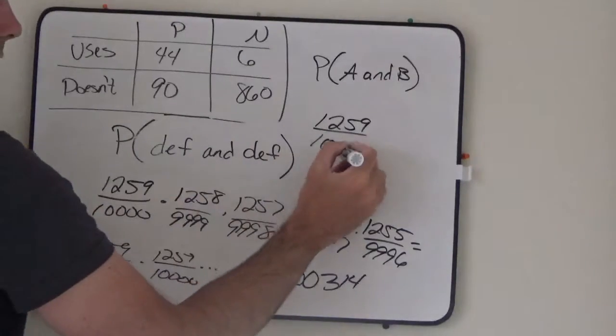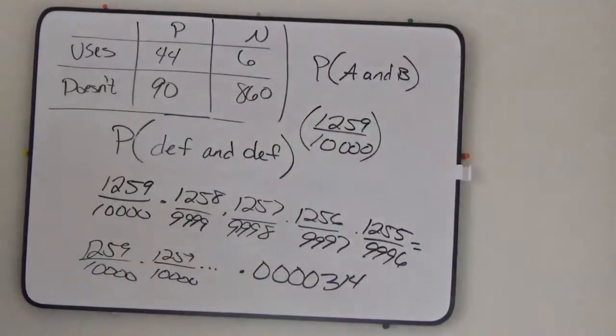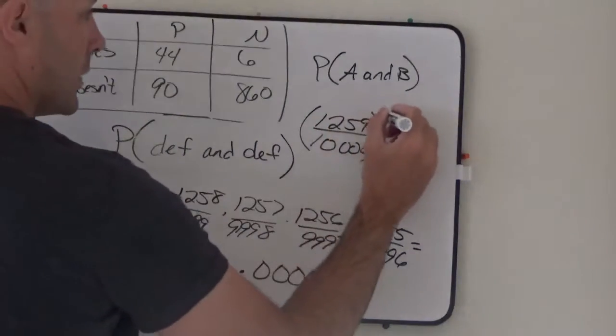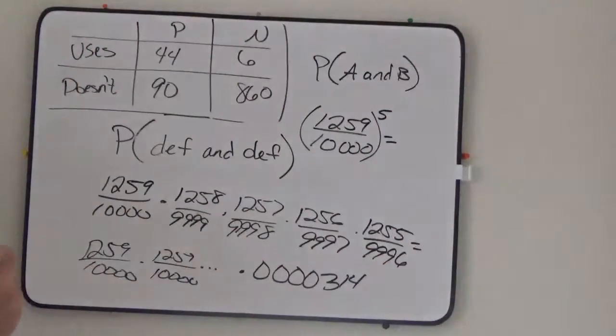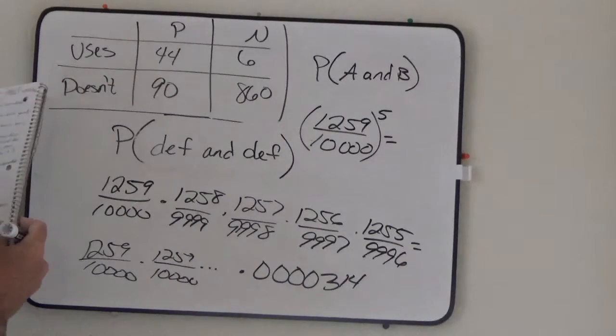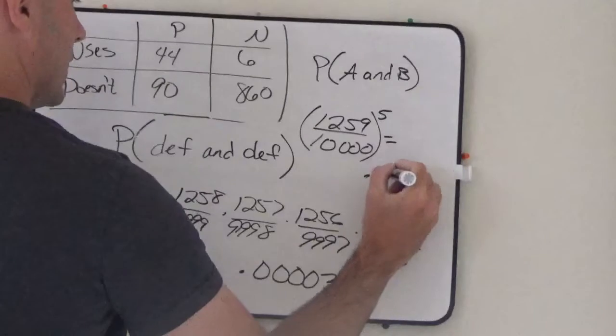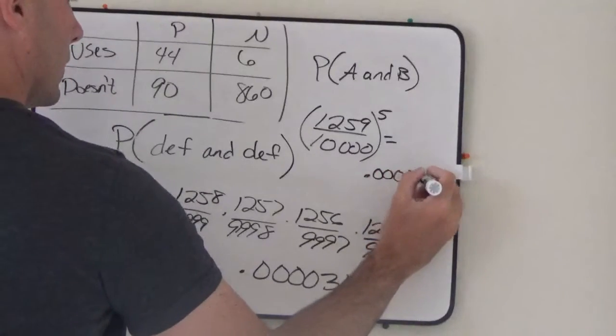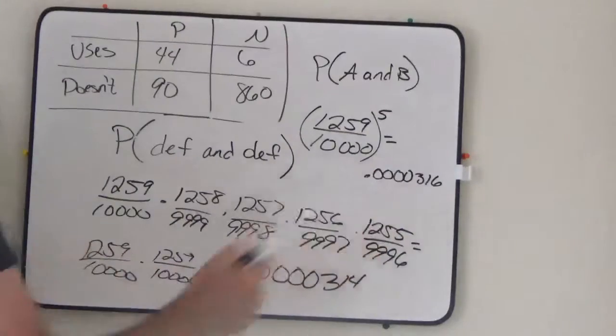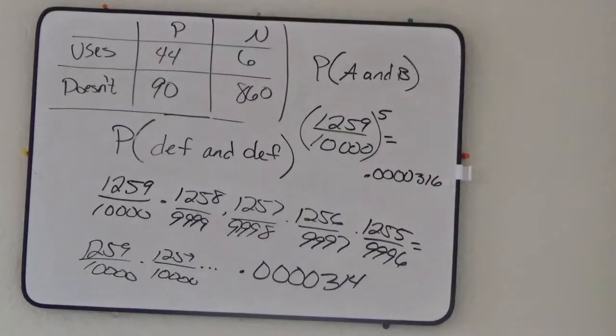Since we'd be multiplying that 5 times, we can raise it to the 5th power, and the answer we would get is 0.0000316. Not a whole lot of difference in those 2 probabilities. Because it was less than 5% of the population that we were drawing in our sample, we could use independent events to make it easier.